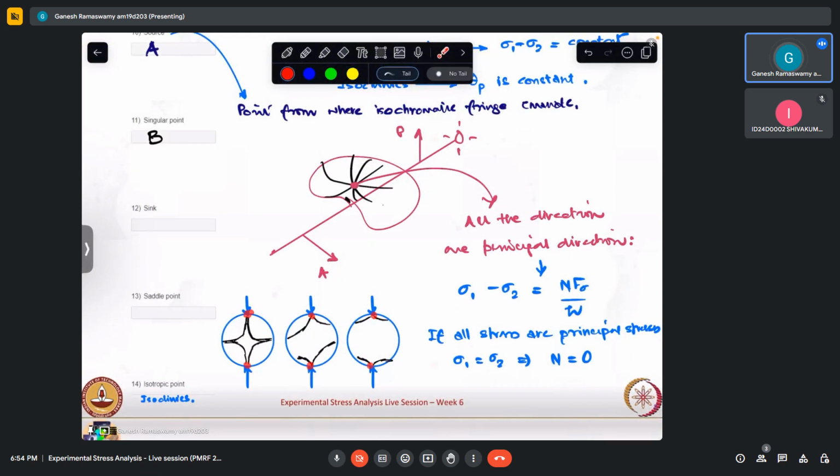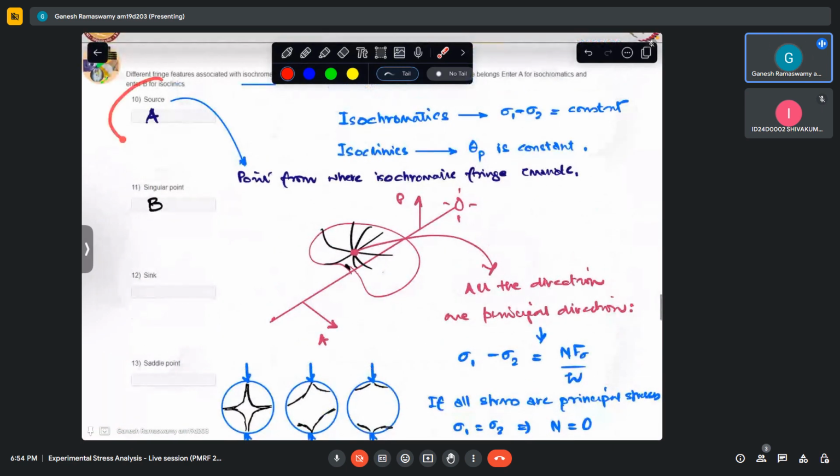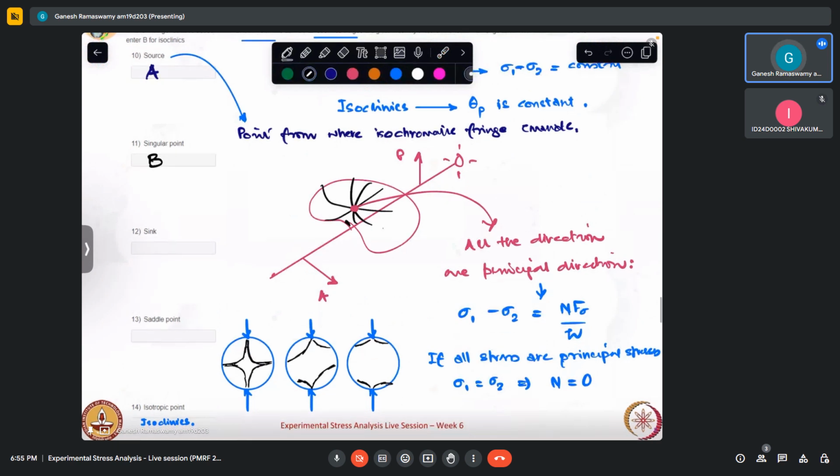These are basically singular points. And then once we saw a source, the opposite of that would be wherever fringe order disappears, that is a sink basically. So here also this is related to an isochromatic fringe.